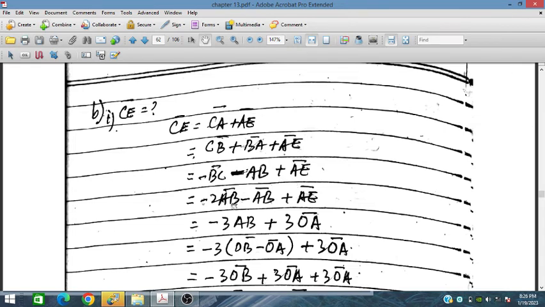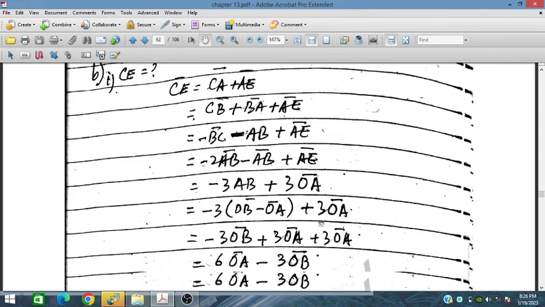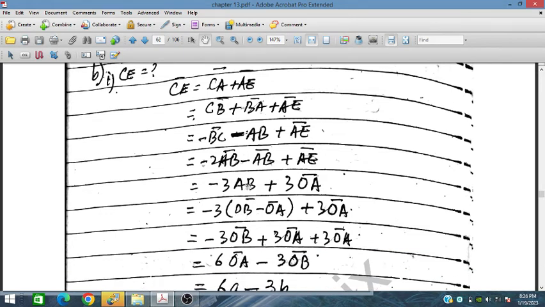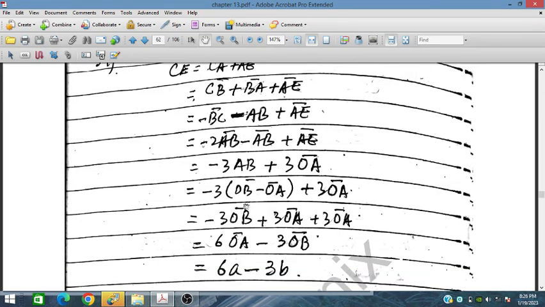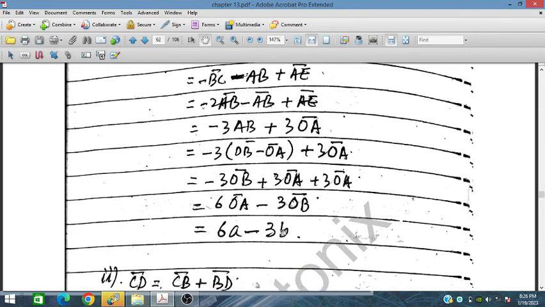BC is twice AB, so this becomes minus 2AB minus AB, so minus 3AB, and AE is 3 times OA. AB is OB minus OA, so this is minus 3OB plus 3OA plus 3OA, so 6OA minus 3OB, so 6a minus 3b.